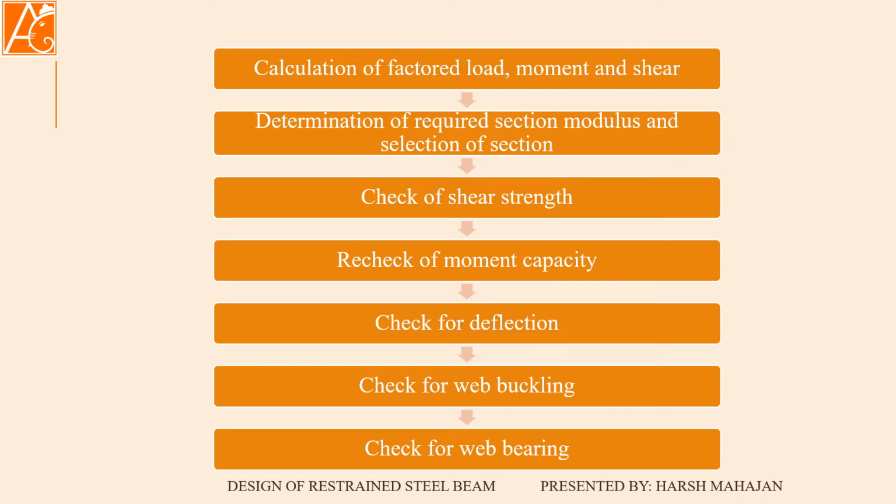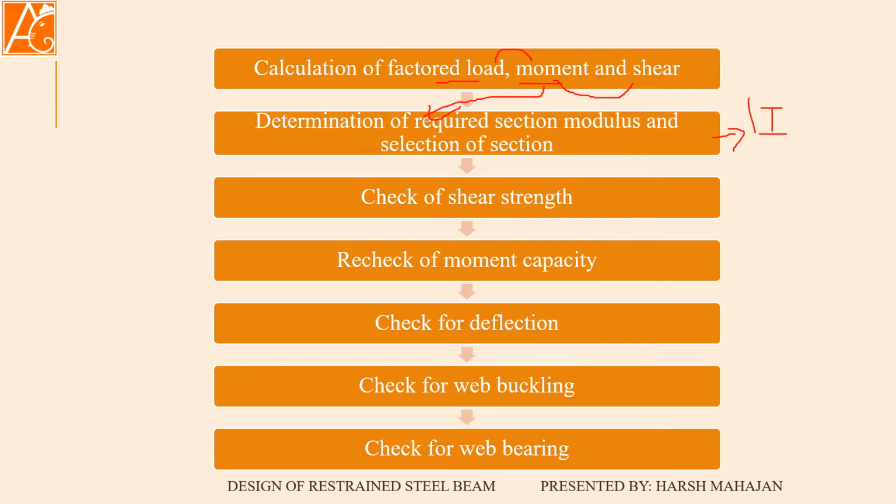So what are the basic steps? First we have to calculate the factored load, whereas whatever we are getting there is our service load. After that we will calculate the moment, then the shear. Once the moment is done, we find the required section modulus, and we will select a section, like which kind of I section we are going to use.